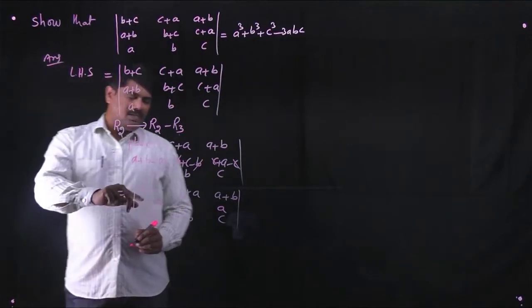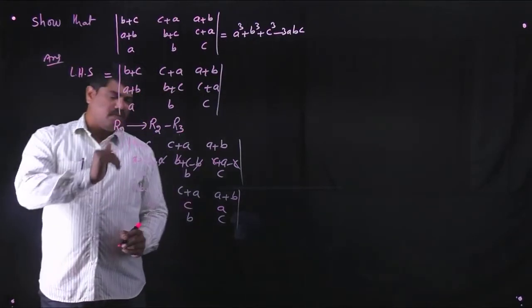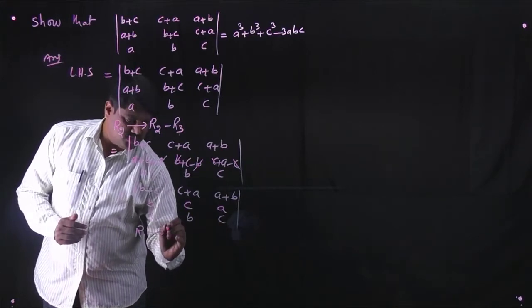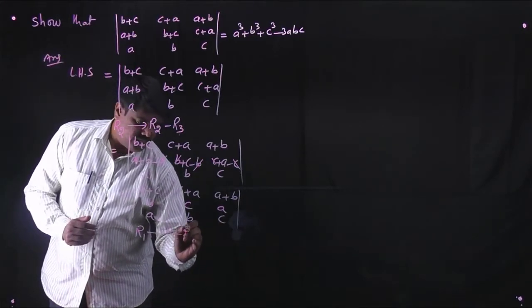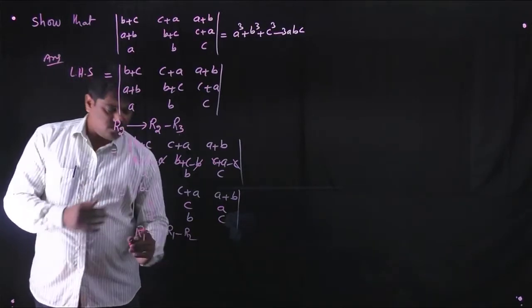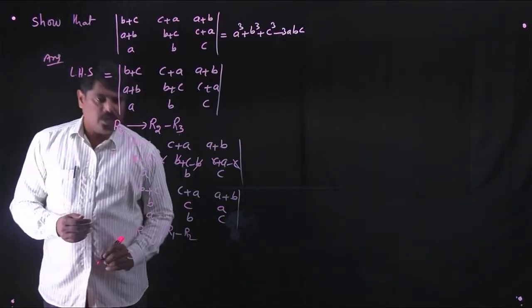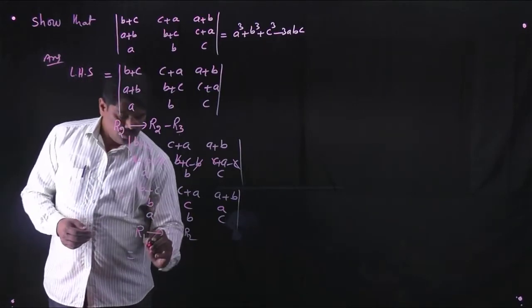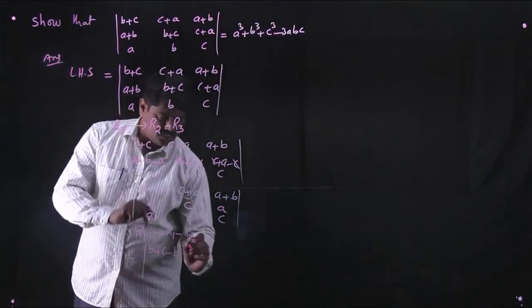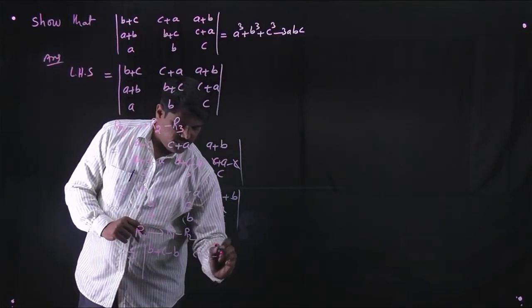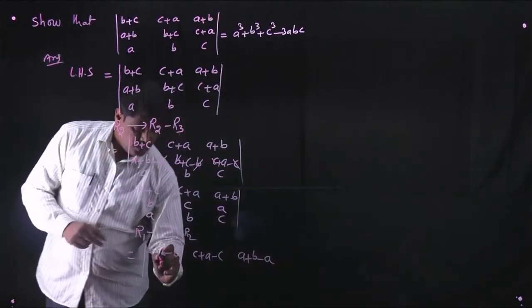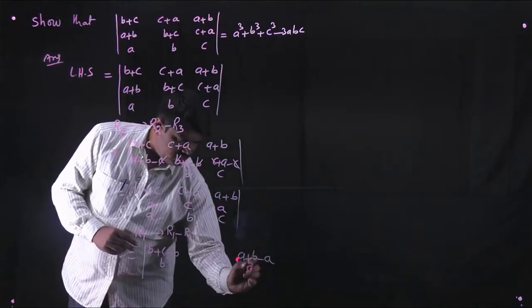Now by using the second row, we can simplify the first row with this operation: changing R1 as R1 minus R2. The remaining two rows are the same. How R1 changes: b plus c minus b, c plus a minus c, a plus b minus a. R2 and R3 remain the same.